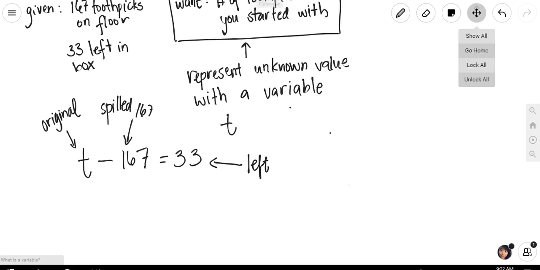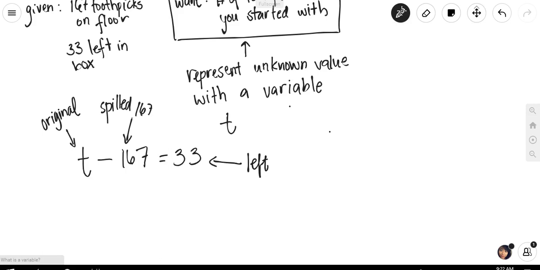So in this case, I don't know what t is. If you're not familiar with solving one-step equations yet, there are multiple strategies you can use to figure out what the original number was. Strategy number one is you can guess and check, right?